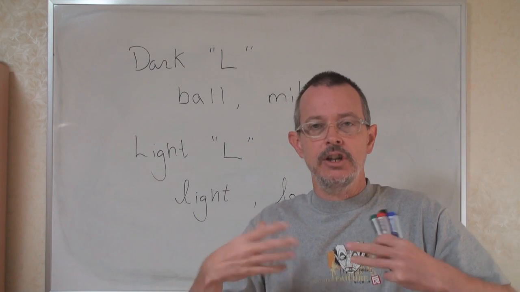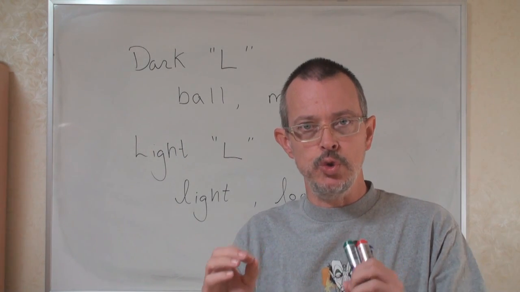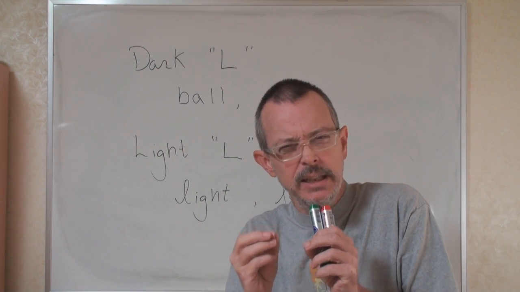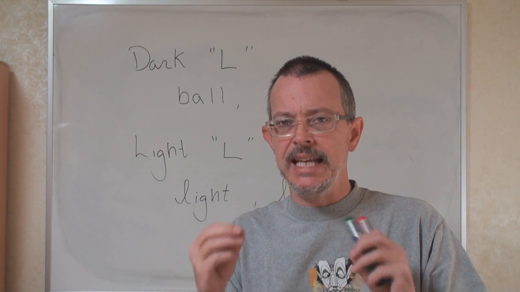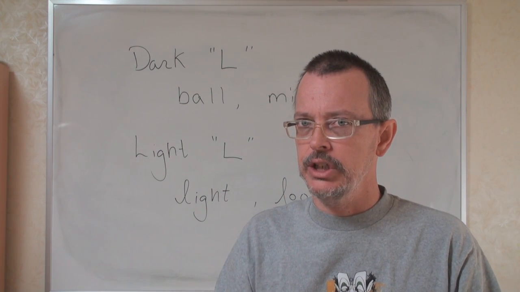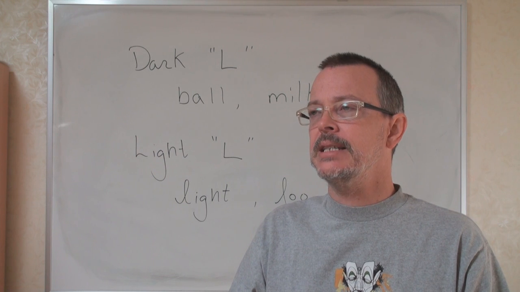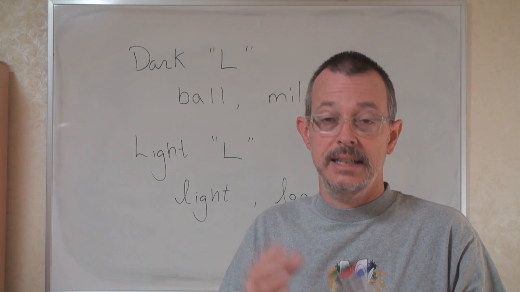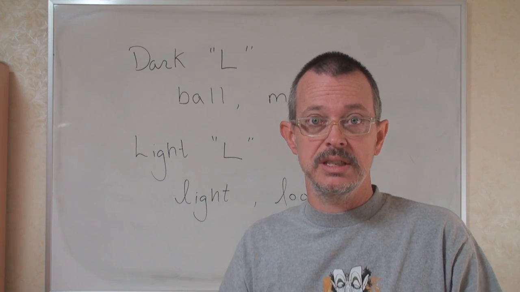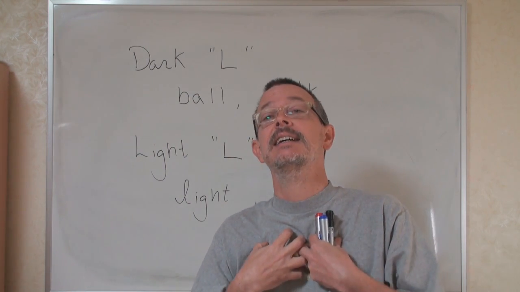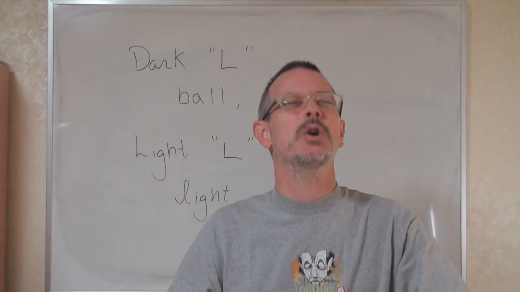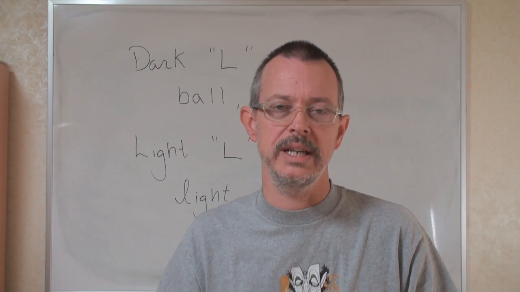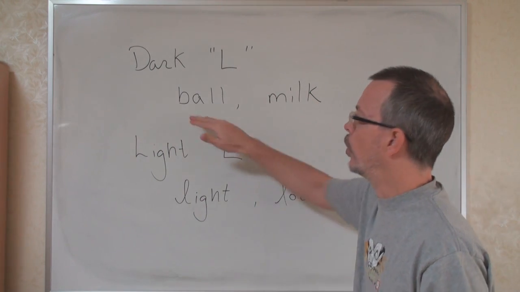Some English speakers do have a little bit of a variation in their L pronunciation, but for most ESL students, personally, I think it's a waste of time. Don't worry. Let me explain a little bit more.